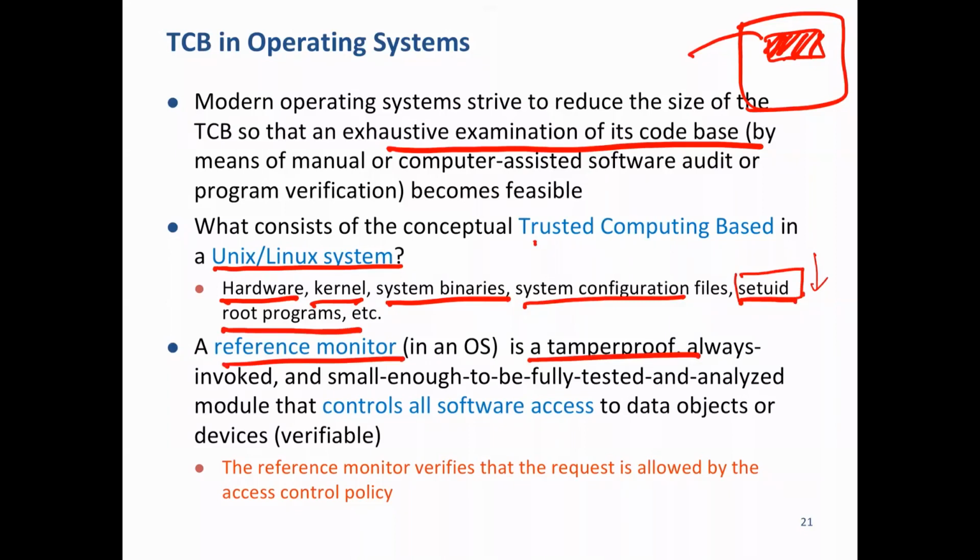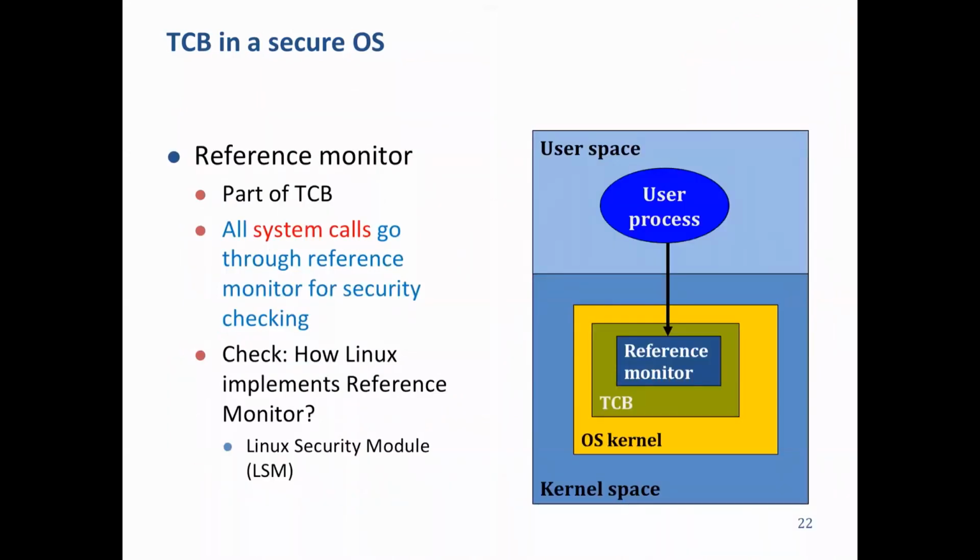So if you look at this diagram, any OS is normally split into two spaces, right? We'll study the concept of process later. Something that the user interacts with, for example, when you log in or you say print something, right? The user gives a print command. Now that execution happens in user space, but this request for printing something has to go through a reference monitor.